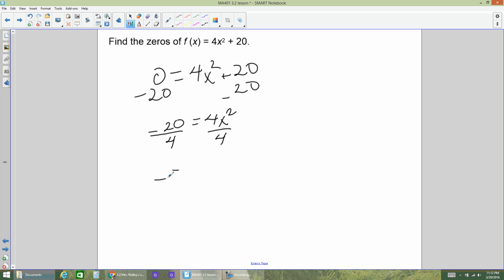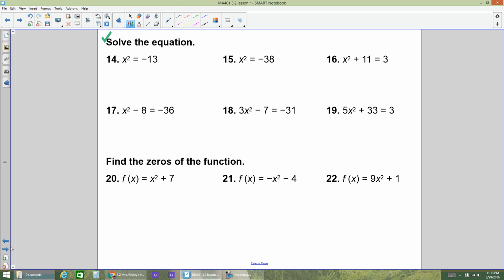Divide by 4. Get negative 5 equals x squared. Square root both sides with a plus or minus. Get x equals plus or minus i radical 5. That's as far as we can go because there is no simplification for the square root of 5.